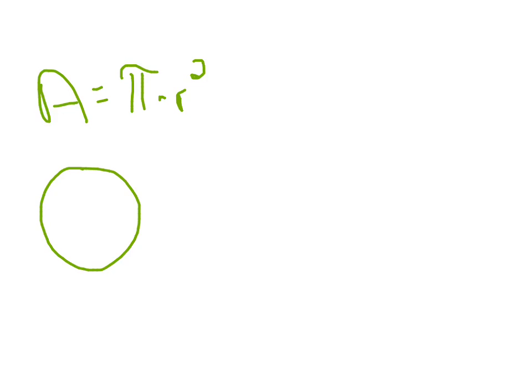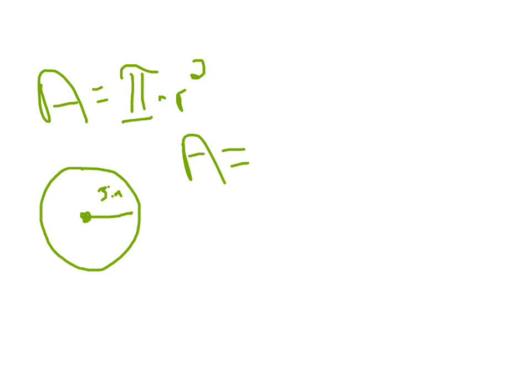So we're going to do some example problems here. We have the area equals pi times r squared. So let's draw a circle here. And I'm going to say that our radius is 3 inches. So if I plug this into the formula, I have area equals, remember pi is that 3.141518.